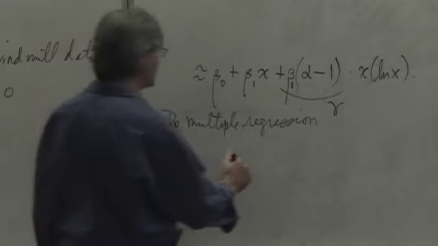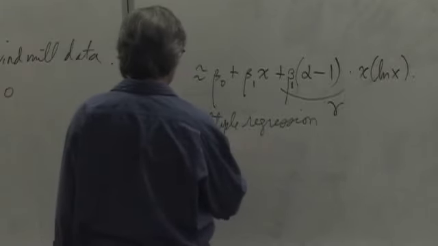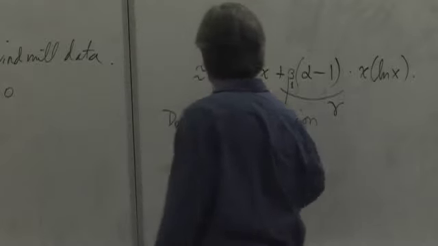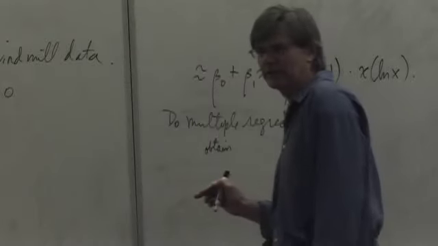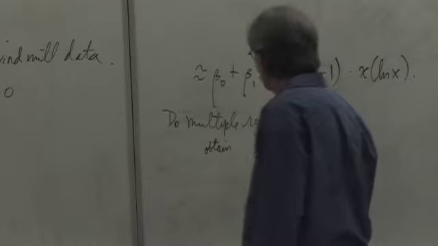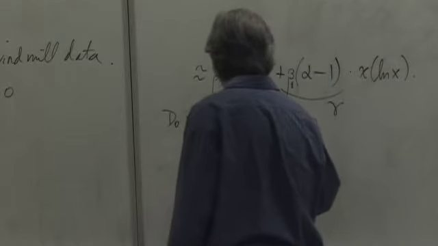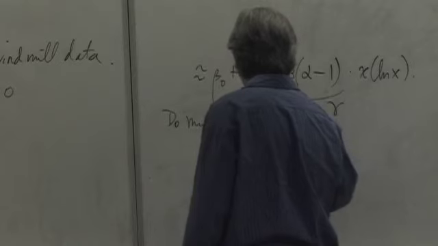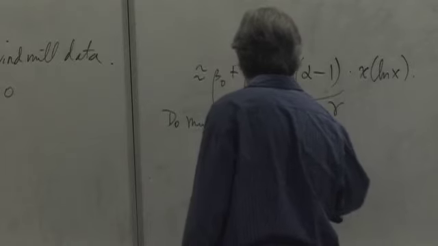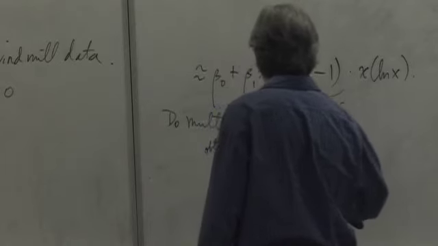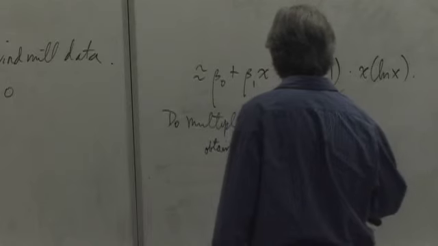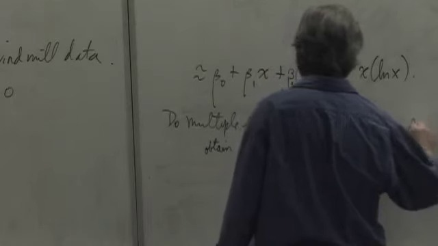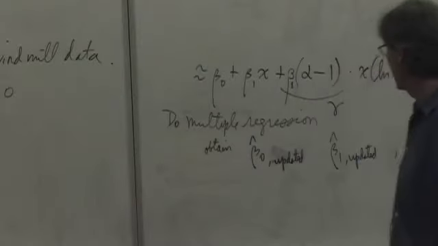So do multiple regression, and now I'm going to obtain a new beta 0 hat updated, a beta 1 hat updated, and a gamma hat.